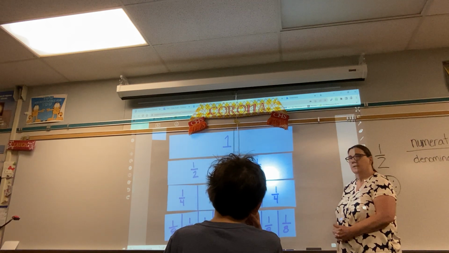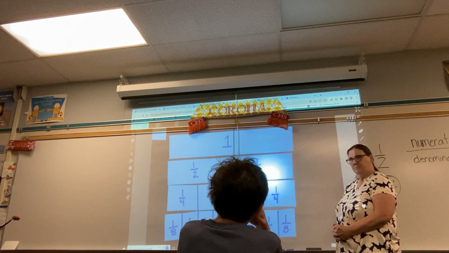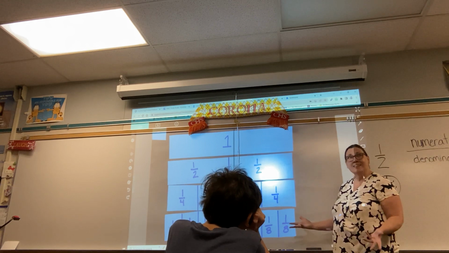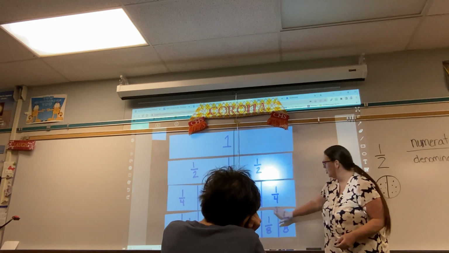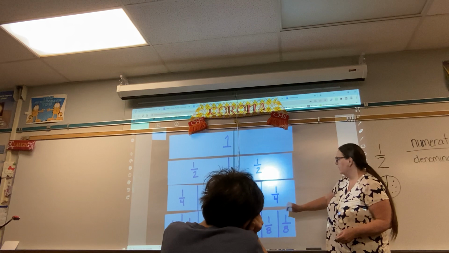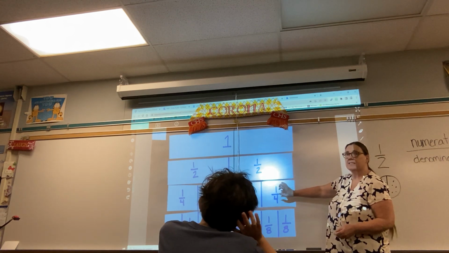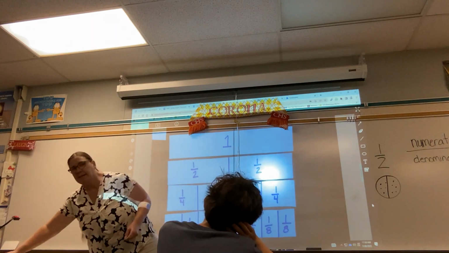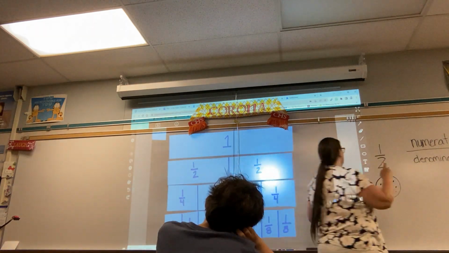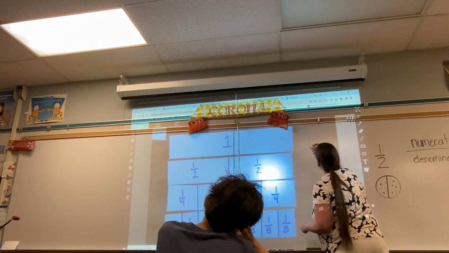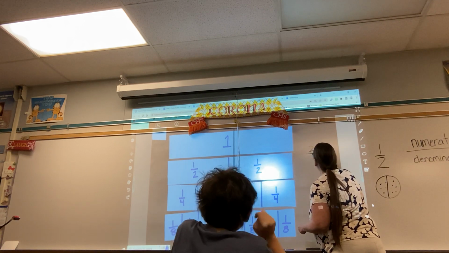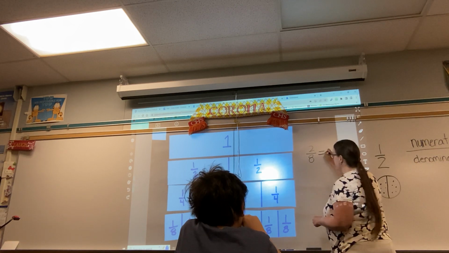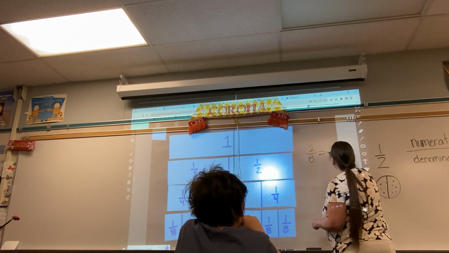I think it would be 2 because it takes two rectangles of 1/8 to make one 1/4. Right. So here it takes 2/8 to equal the same amount of space as 1/4. And so we can write that: 2/8 is the same as 1/4.